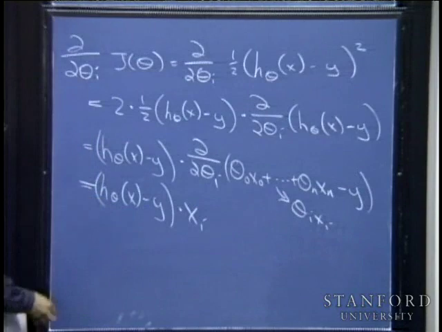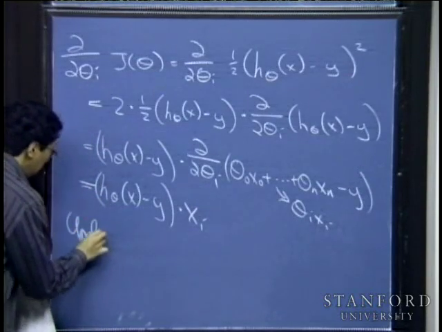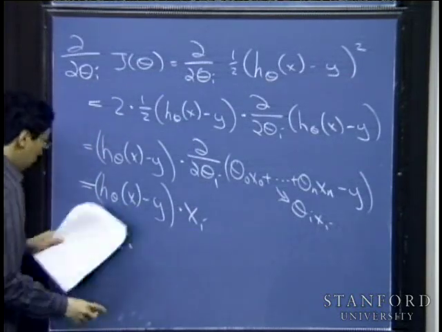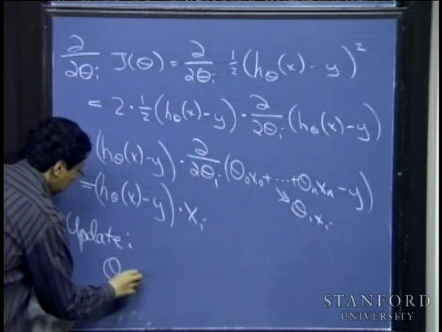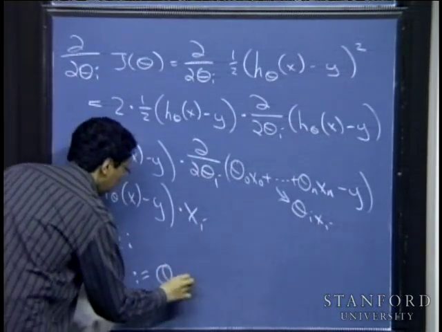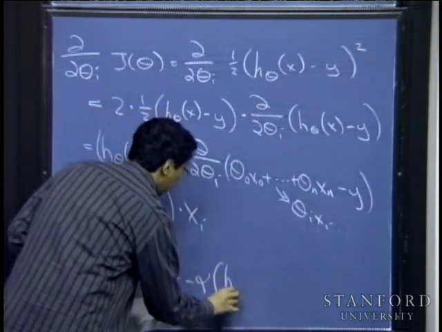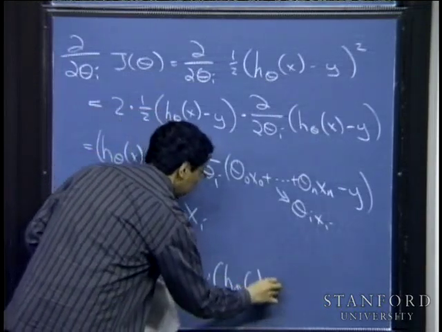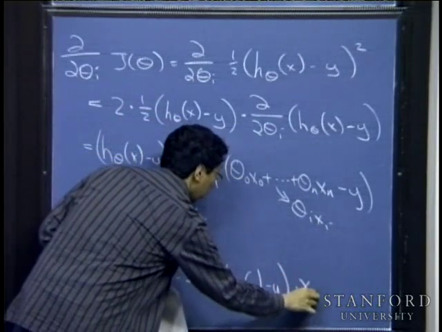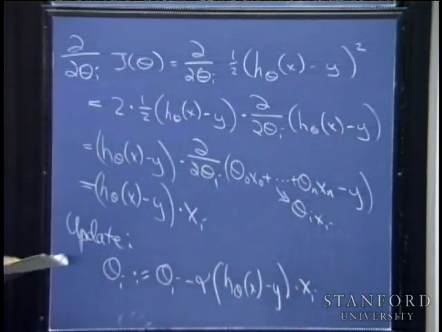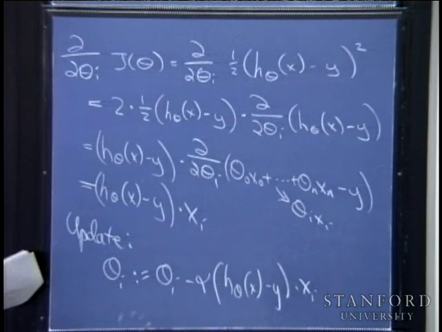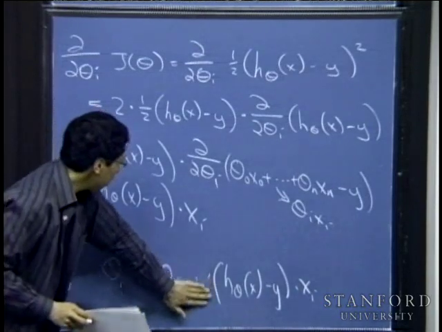And so this gives us our learning rule: theta i gets updated as theta i minus alpha times that.